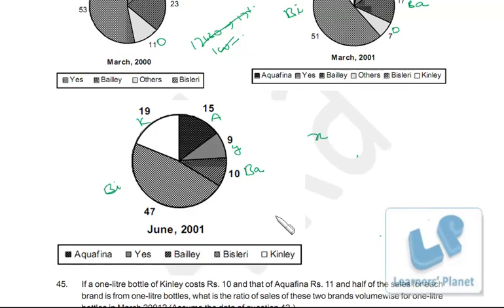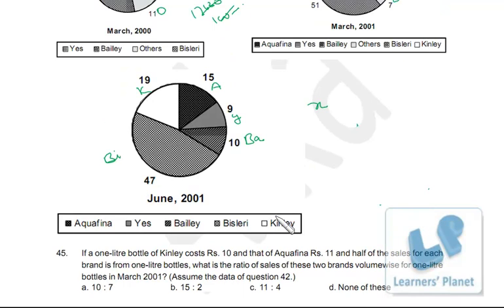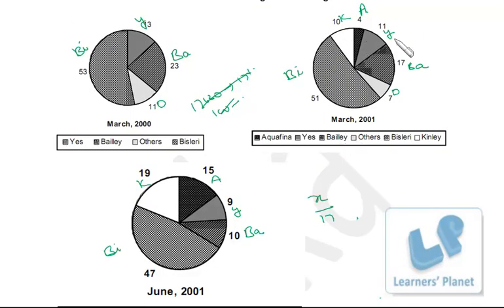Contribution of Kinley first of all. So it is X divided by 17, that is Belly, into Kinley, that is into 10. So that is the sales of Kinley. If I divide it by the price 10, I'll be getting the number of bottles.